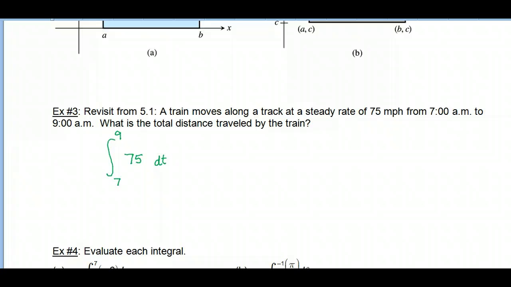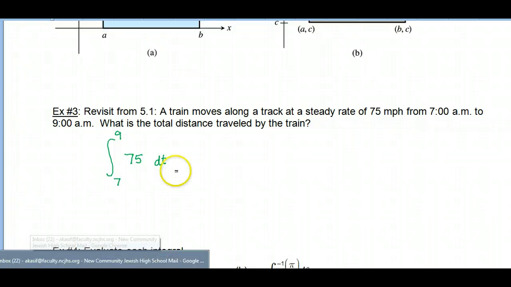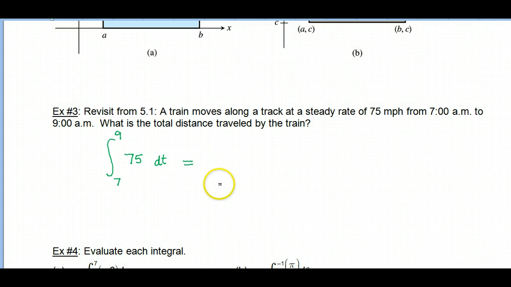I put dt, it could be dx, it could be dy, it could be dw. I just use t because I'm referring to time and the distance traveled. This is my function, my function of time.